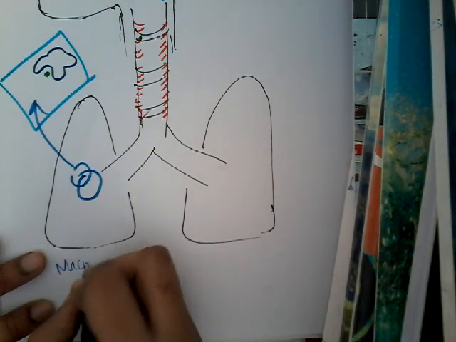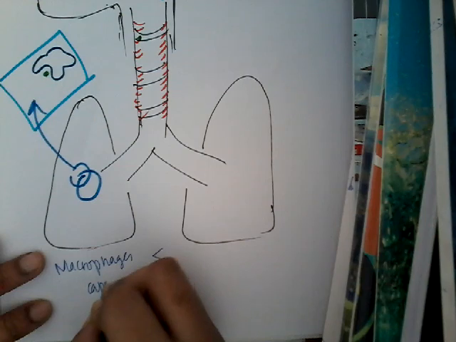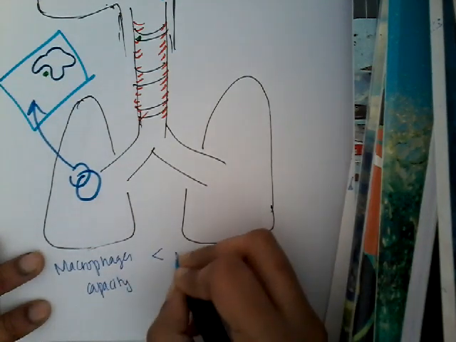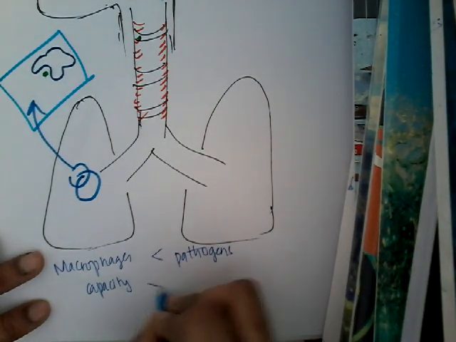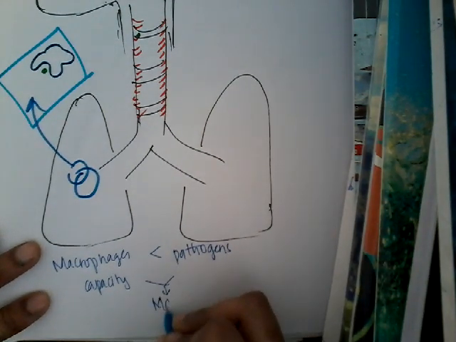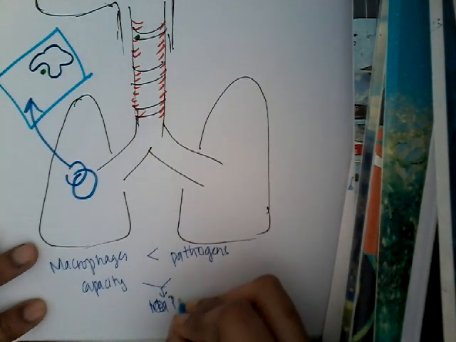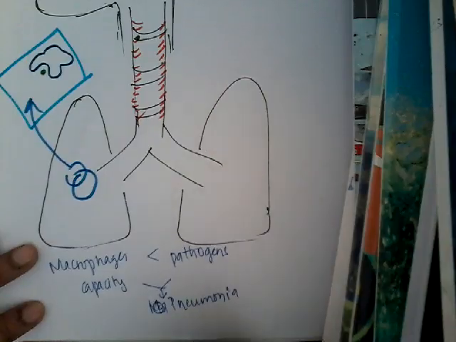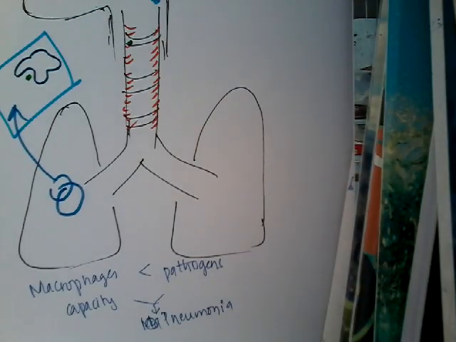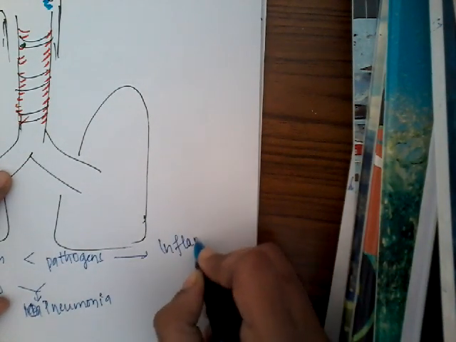That is when the macrophages' capacity to ingest is less than the pathogens. The pathogens are in such large numbers that they outnumber the macrophage capacity. So this leads to pneumonia. Once the pathogen enters, this pathogen will lead to an inflammatory response.